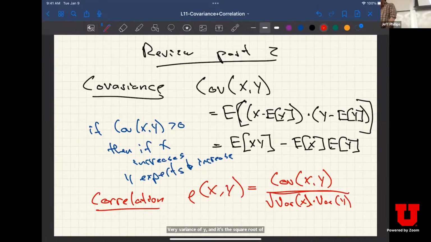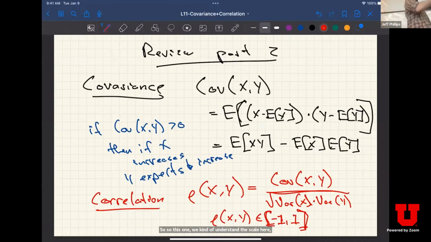Okay? And correlation has the property that it's between -1 and 1, right? So this one, we understand the scale here. We know it's between -1 and 1, so we know how big is big, okay?